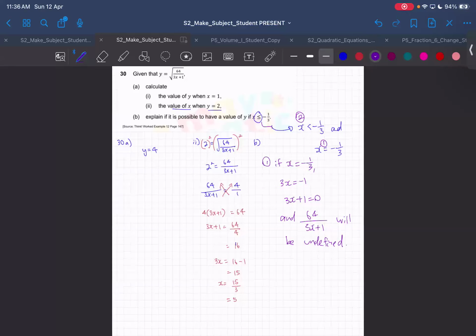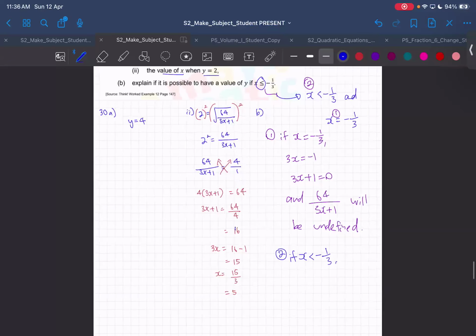Then now we look at case 2. Case 2 is when x is less than negative 1/3. So same thing. This also means that 3x plus 1 is less than 0.